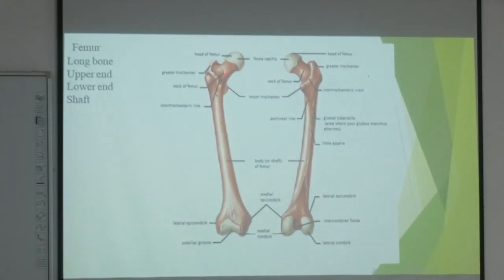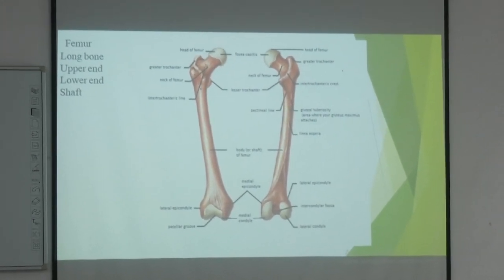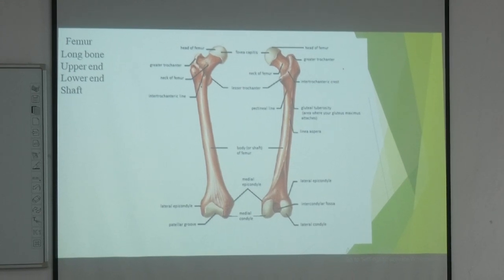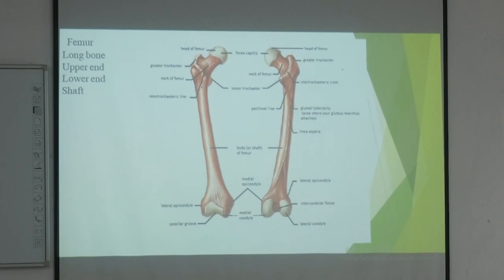Next to the head we have this part which is joining with the shaft. We call it the neck of the femur. Now if I ask you which is the most important part of this bone, I will say neck. Now why neck? Because the neck is the weakest part of this bone, and it snaps, it breaks.